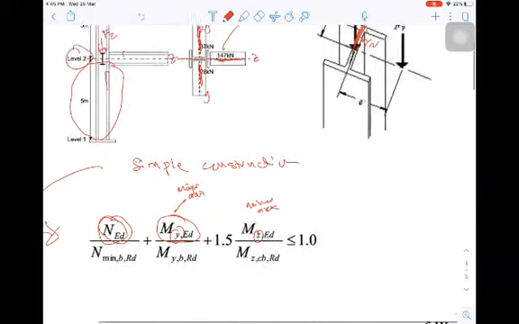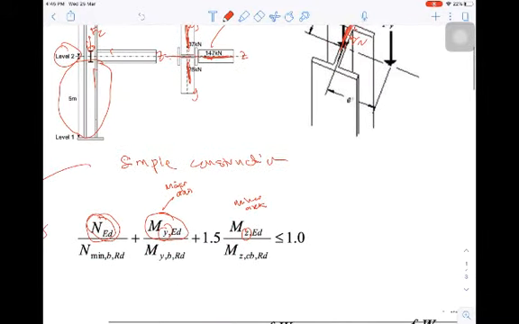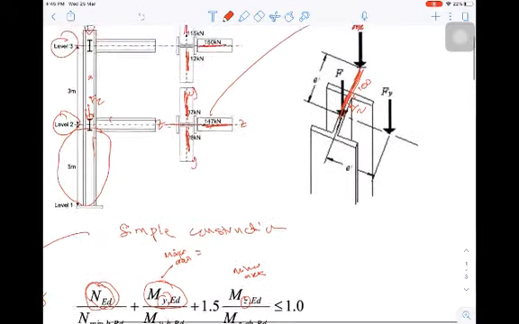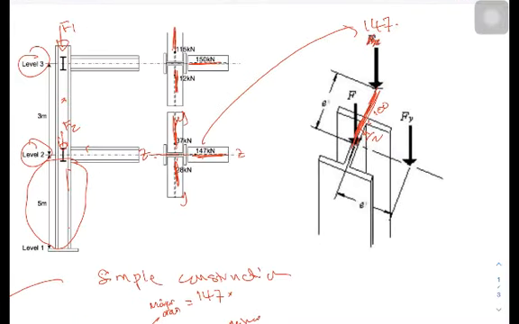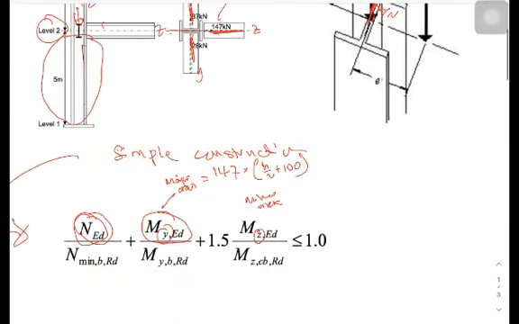So MYED is 147 multiplied by h over 2 plus 100. That will be the MYED, and the unit is kilonewton meter.